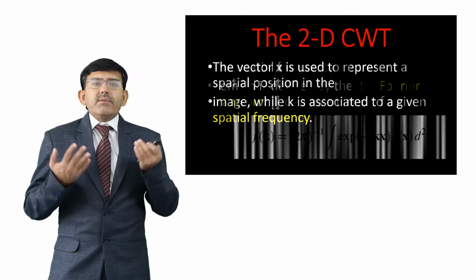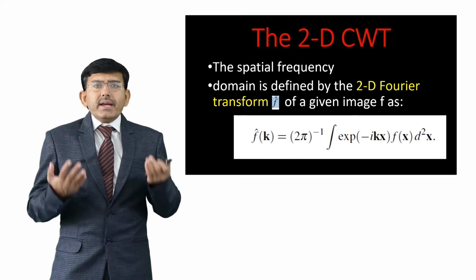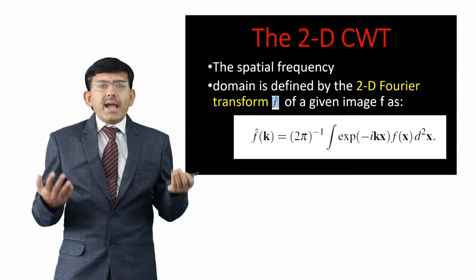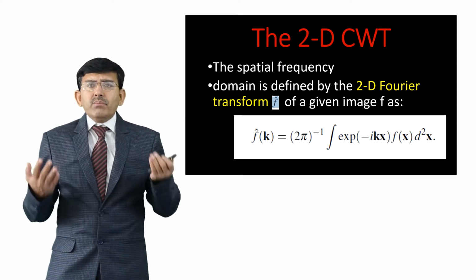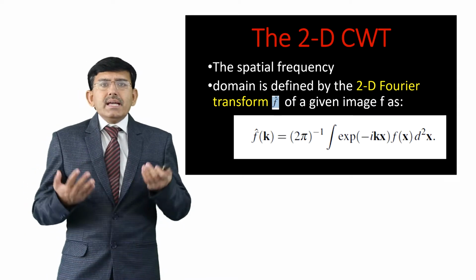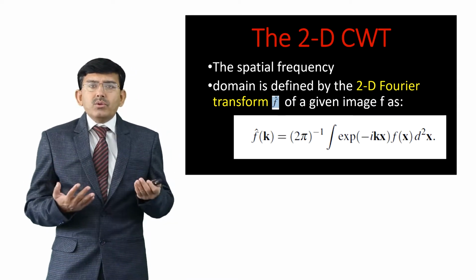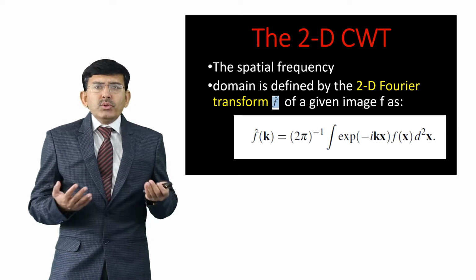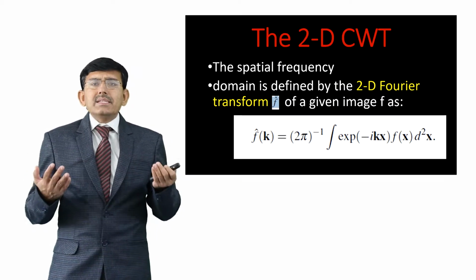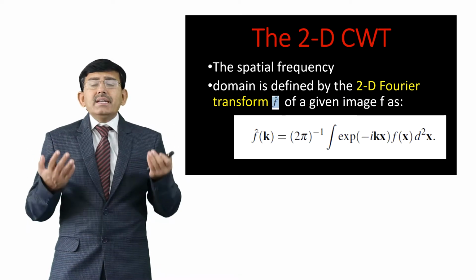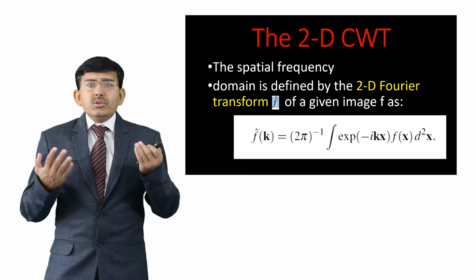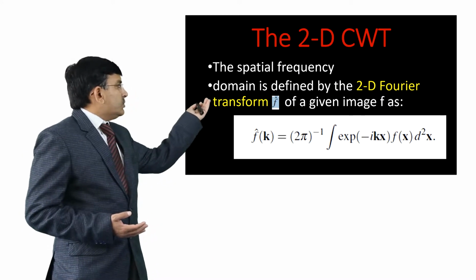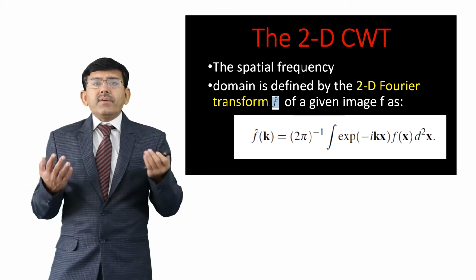The spatial frequency domain is defined by the two-dimensional Fourier transform f′ of a given image f as f′(k) = (2π)⁻¹ ∫ e^(−ikx) f(x) d²x. Using that, the 2D Fourier transform can be used to extract the region of interest.